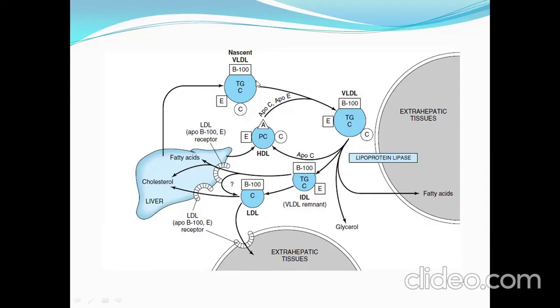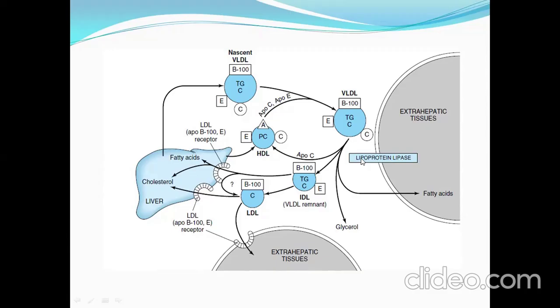HDL is going to donate apoprotein C and apoprotein E to the nascent VLDL, and then finally it converts into the VLDL, which contains apoprotein B100, apoprotein E, and apoprotein C. So this is how the mature VLDL is synthesized. Now VLDL gets broken down by the enzyme lipoprotein lipase.